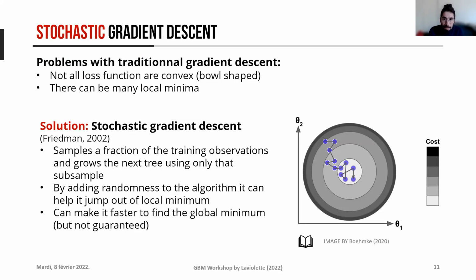At each step where it adds a new tree, it only trains on a subset of, let's say, 80% of our observations, so only on 80 observations. This adds randomness to the algorithm, and it can help it jump out of a local minimum to try to find the global minimum. I've included this image because I think it expresses what it is. You don't go in a straight line to the bottom. You zigzag your way all the way to the global minimum.